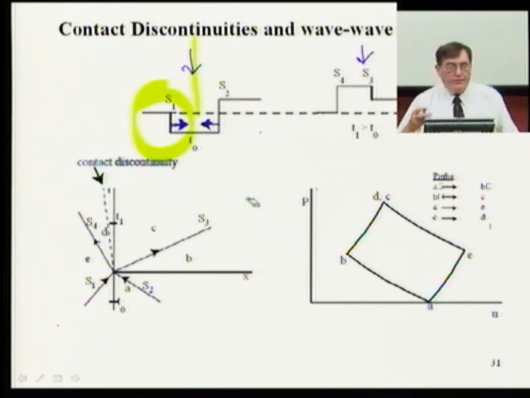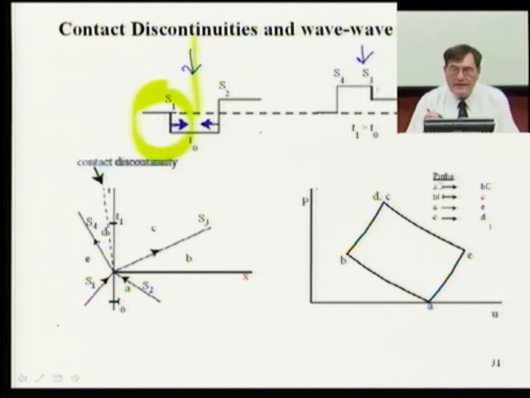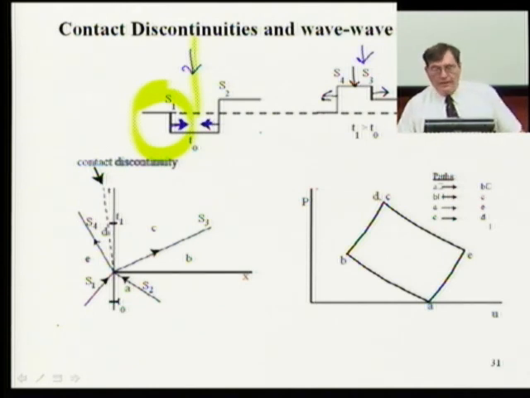It would probably help to have the arrows on this. The shocks went through each other essentially, and now they leave a state here that is equal because they've passed through each other. But there are still waves. The wave S4 is going from right to left, and the wave S3 is going from left to right.